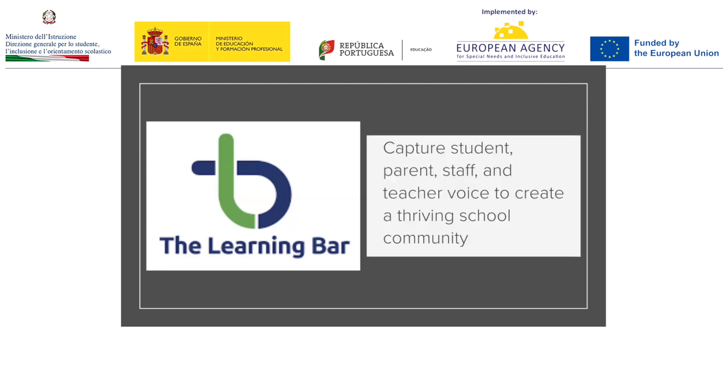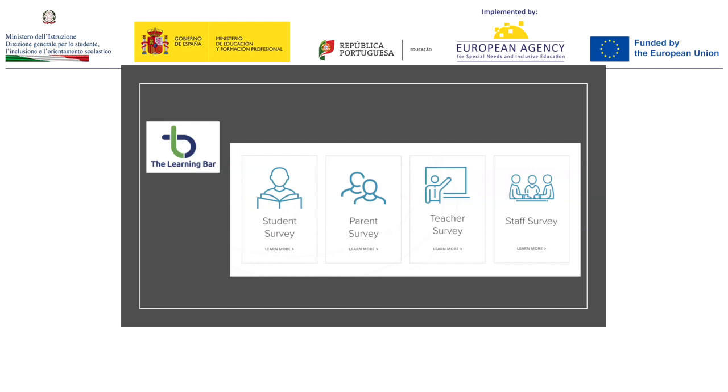And they say they capture student, parent, staff, and teacher voice to create a thriving school community. There are 4 aspects to their survey, of which students and parents are a key part, but it also includes feedback from teachers and staff.